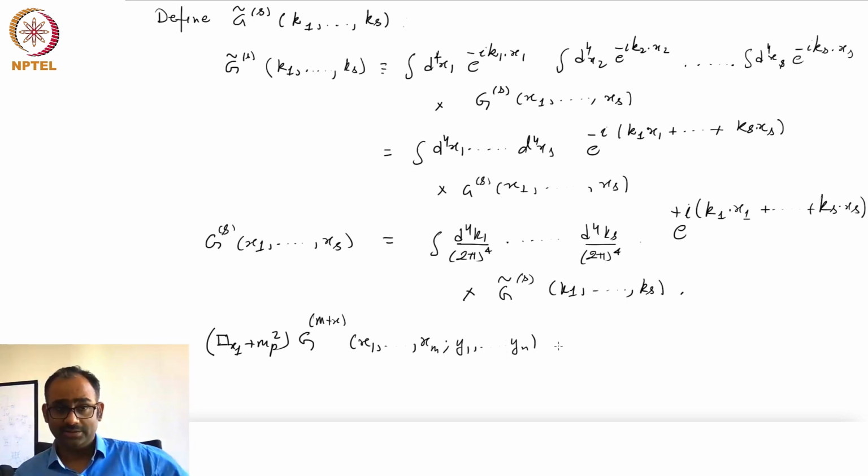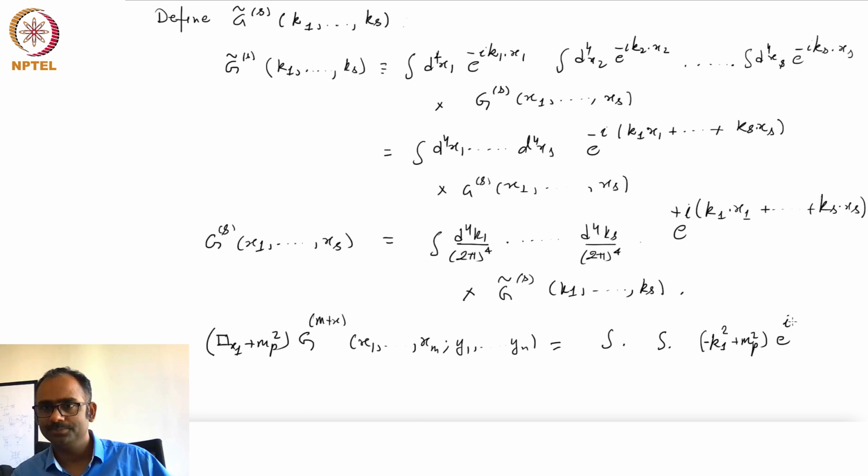This will give you back, apart from, see, all these integrals are still there. I will not write them in full, but you have all these integrals. Then this exponential will give you minus k_1 squared plus m_p squared times again the same exponential times G tilde.